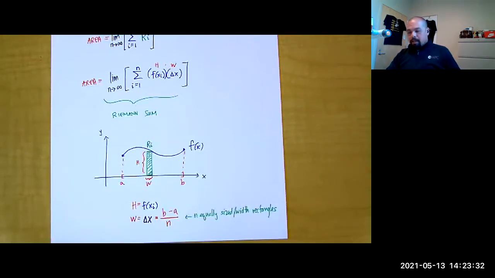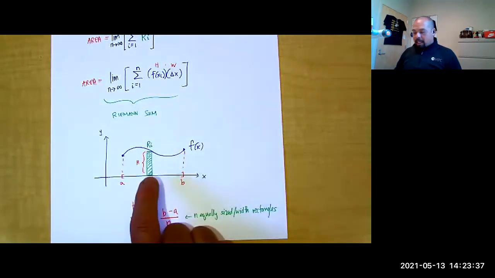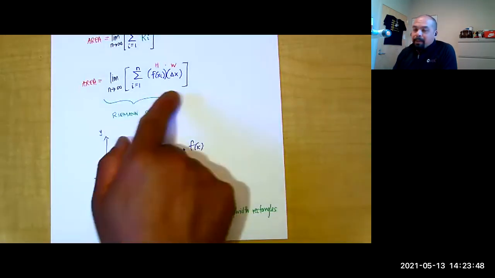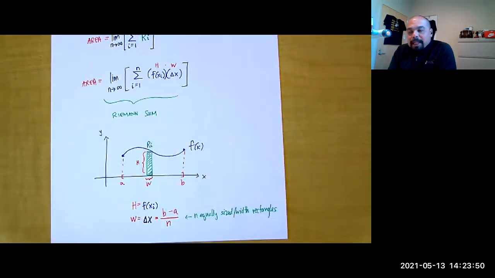I'll show that calculation, but truthfully, as long as we get this concept of taking all these little rectangles, compressing them, making them small, and using that to fill space, that's going to be the key concept to sit and think about. The evaluation of this limit, we'll go through with maybe some written examples. It might be helpful to do one on here just to see how the process is working.